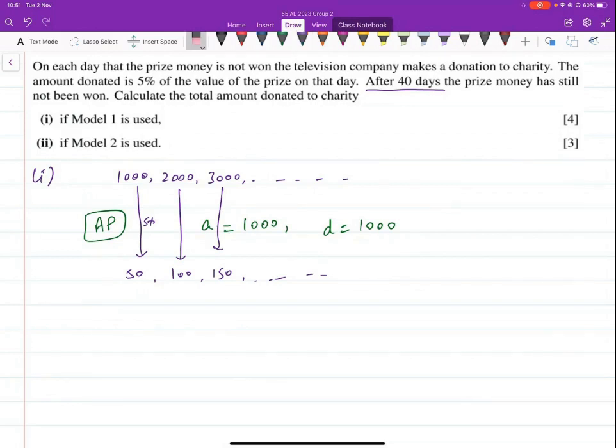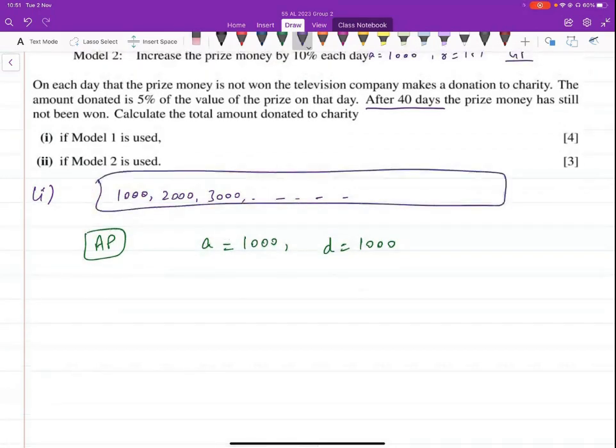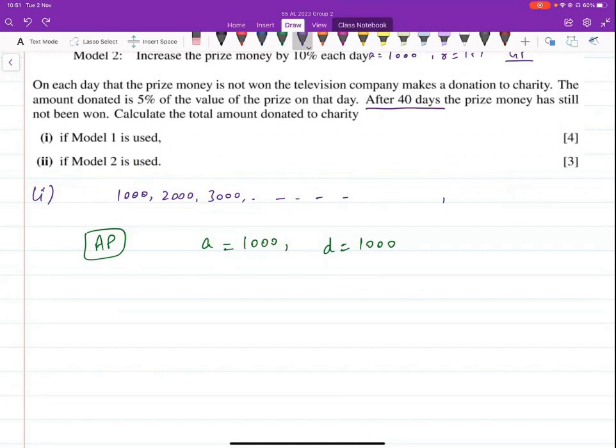But it's actually quicker to just look at this original sequence. This is what is happening to the prize money every single day. It's increasing by 1,000. So it's going to go on until on the 40th day, for instance, it's going to be 40,000, right? On the 40th day, it's going to be 40,000.